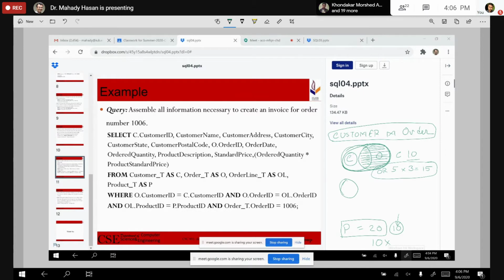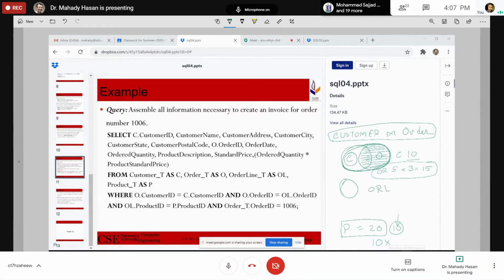Okay. So where will I get the product related information? Does order have product related information? Order contains only order number and order date, right? So where will we get the product and order? That we will have in order line.